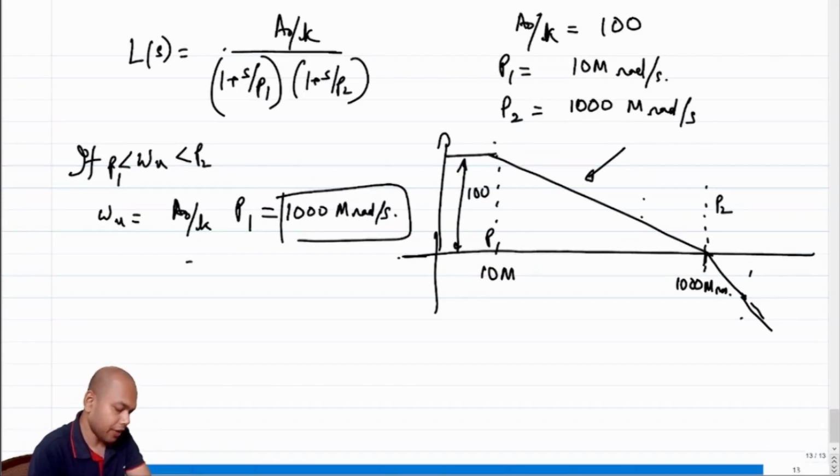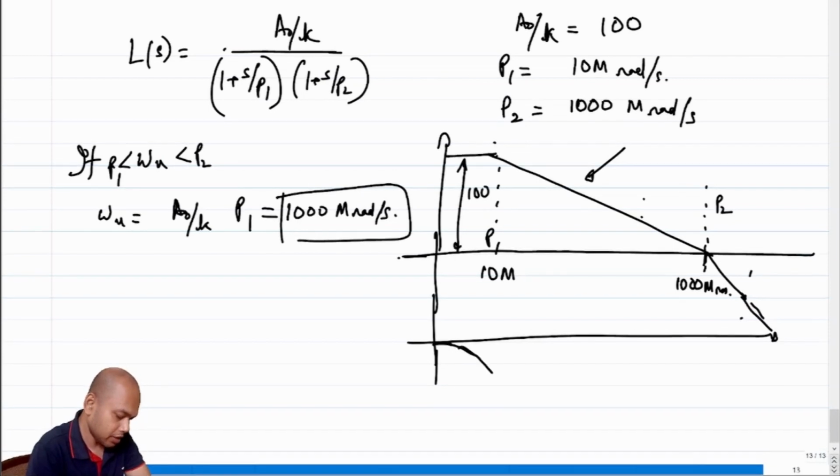So what will be the phase here? If P2 lies on top of UGB, the phase as far as the Bode approximation is concerned will be 0, then I will reach minus pi by 4, then it will go something like this.